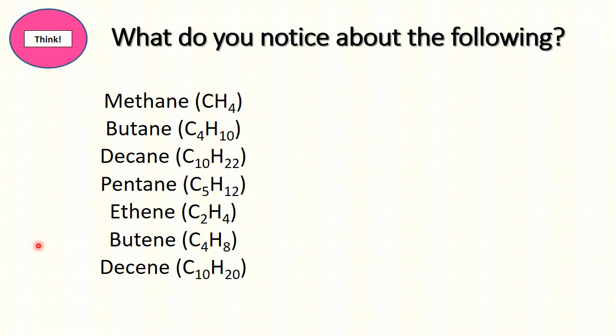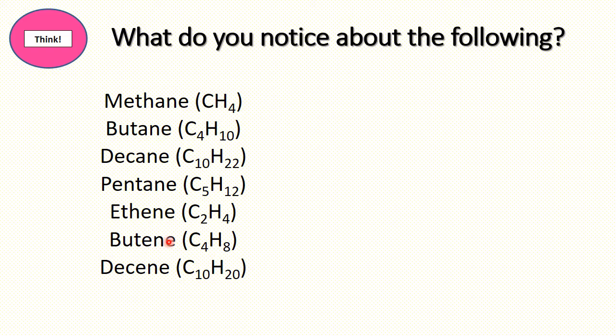So the first thing for us to think about here is the list of chemicals, this list of compounds that we've got on our left hand side. Now there's something that you should be noticing about these chemicals here. So I'm just going to pause for a moment.